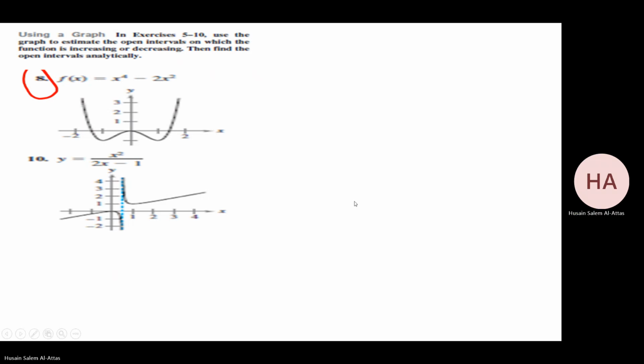Let me start with the first one. He said in this exercise, use the graph to estimate an open interval in which the function is increasing or decreasing from the graph, and find it analytically.